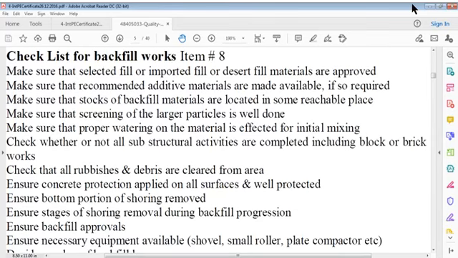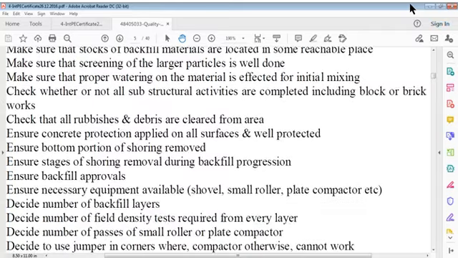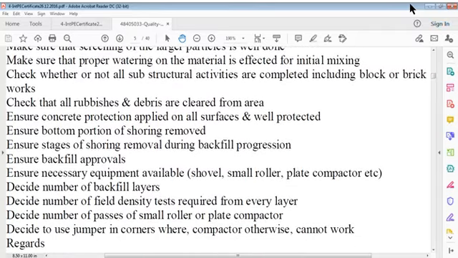Bottom portion of shoring removed. And stages of shoring removal during backfill progression, backfill approvals, then you can say test checks, field test checks, and all that.